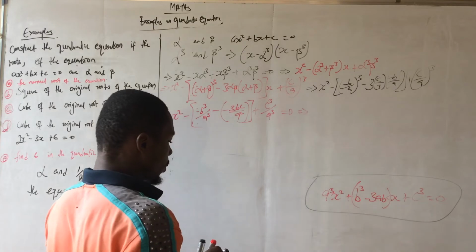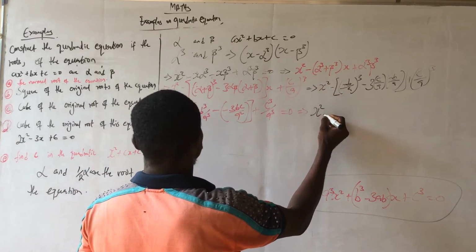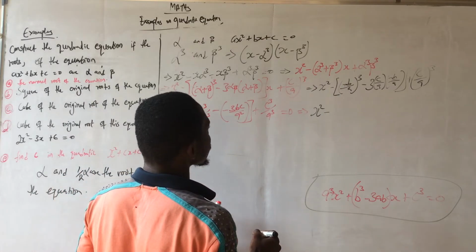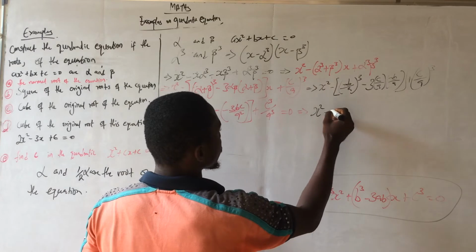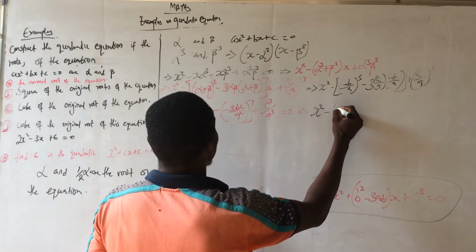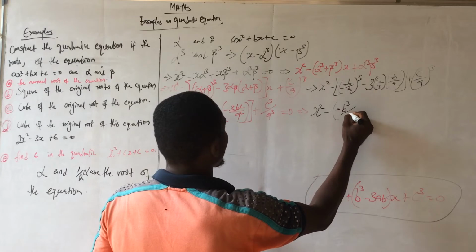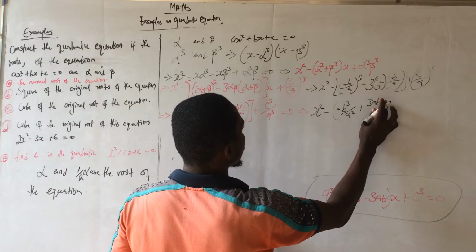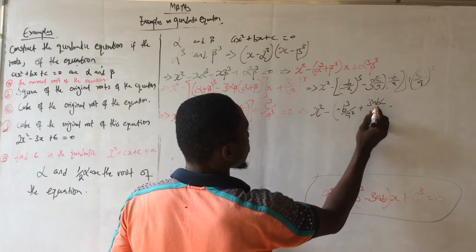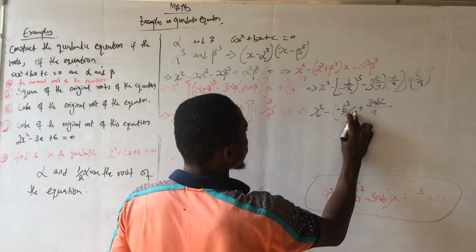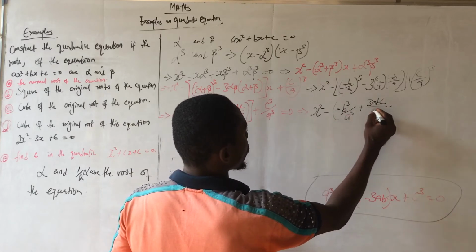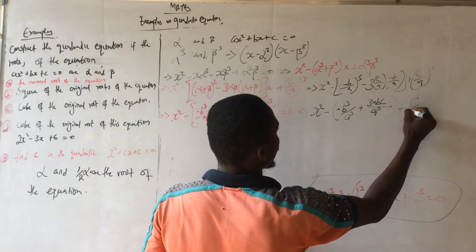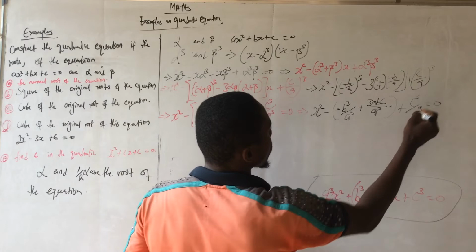That implies the next one we have here is x squared minus bracket open, minus b raised to the power 3 over a squared plus 3abc over a cube, plus c cube over a cube, equal to 0.